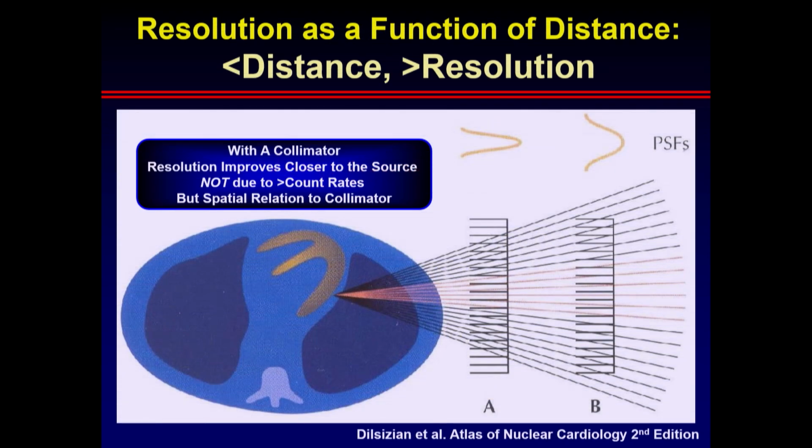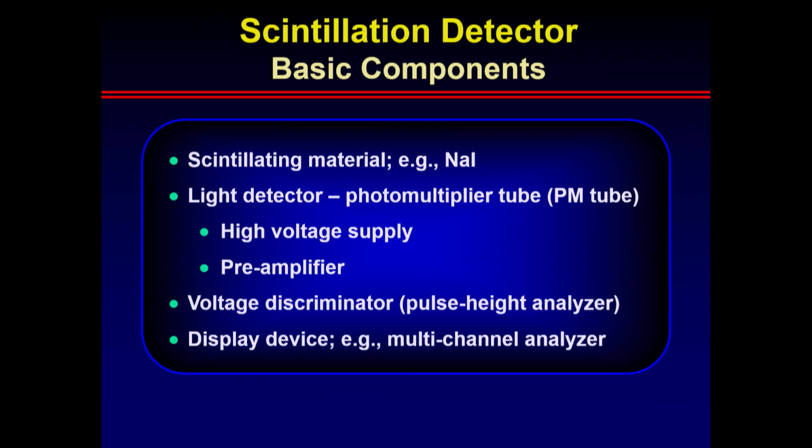Remember that when photons come out, they come like a sunburst. They all go in different directions, like the sun with its rays. So the further out you go, the less the resolution, because you accept more photons that are not being emitted from the point source.